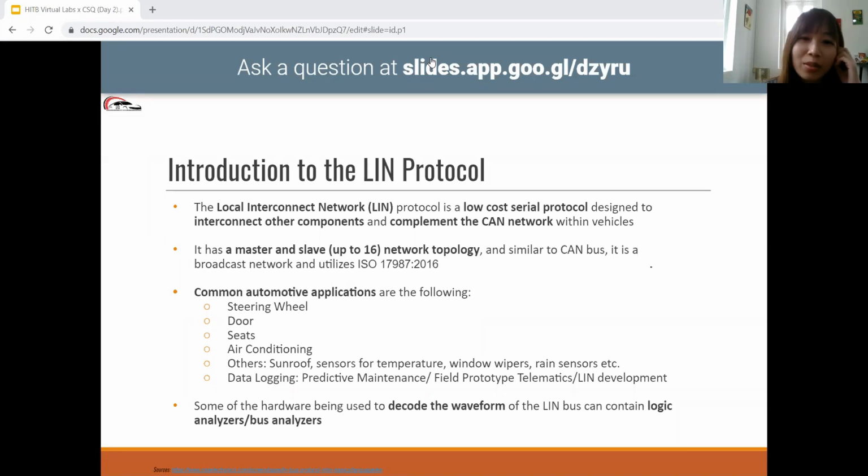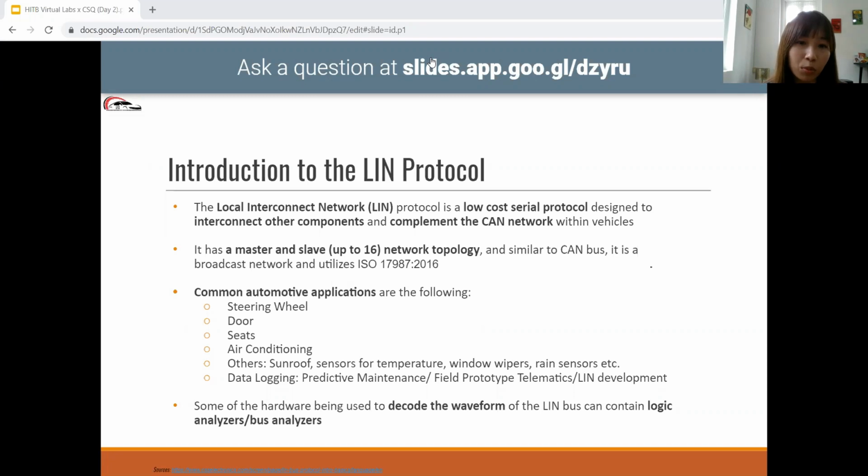Thanks, Edmund. So the LIN protocol, the short form name is LIN. The full term is Local Interconnect Network. The LIN protocol is a low-cost serial protocol designed to interconnect other components and complement the CAN network within vehicles.